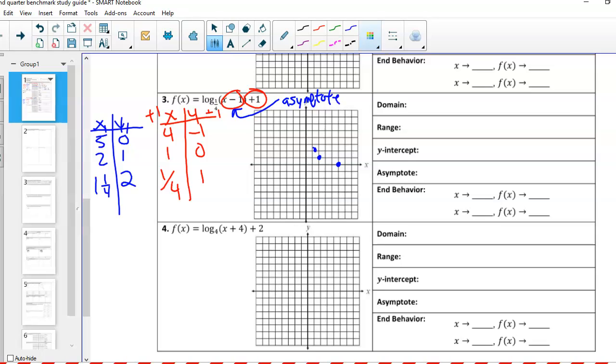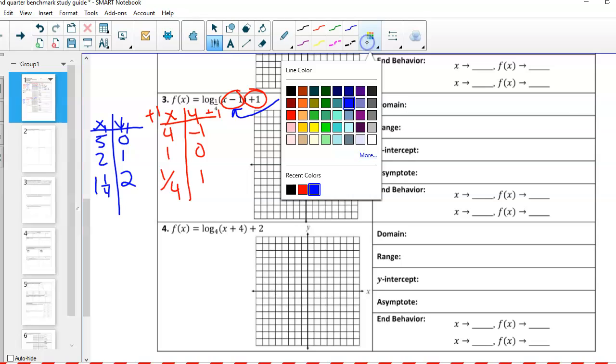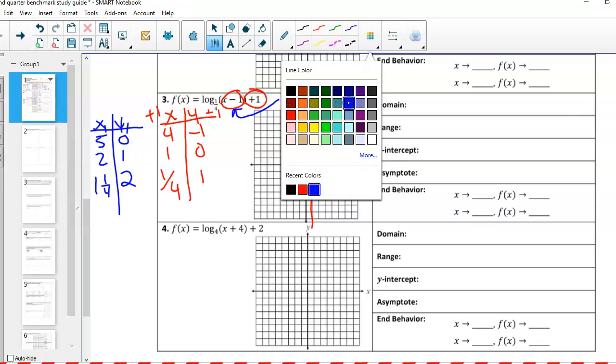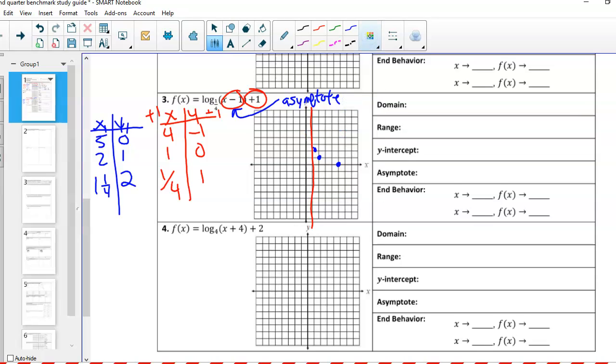So if your entire function was shifted right 1, your asymptote is also going to be shifted right 1. So your asymptote is now going to be at 1. So this is going to go towards your asymptote, up, and then away.